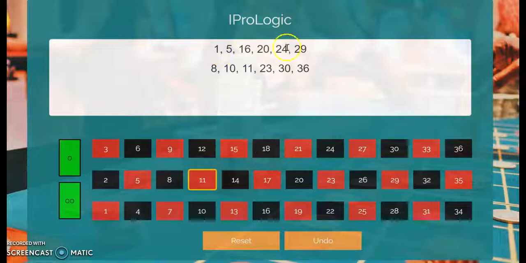You notice the first 2 sequences popped up. So I'm going to spin until I get all 4 sequences, and then we're going to go from there.